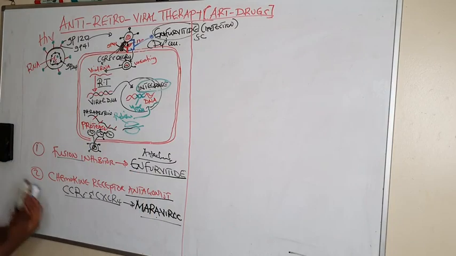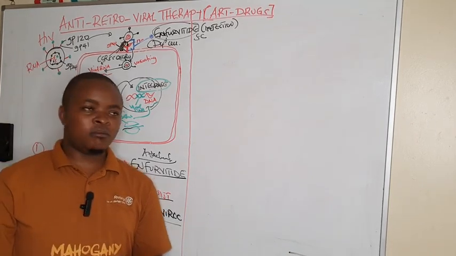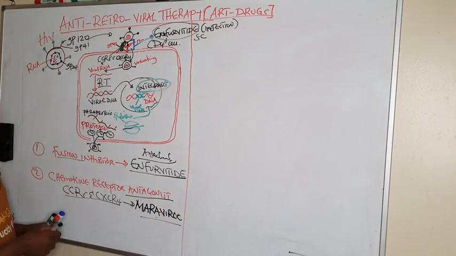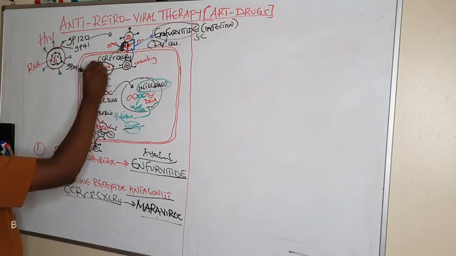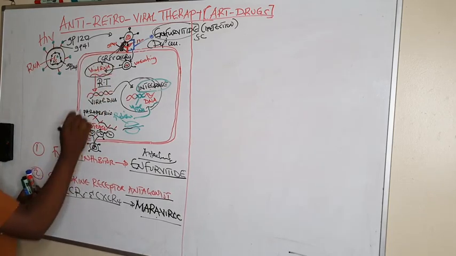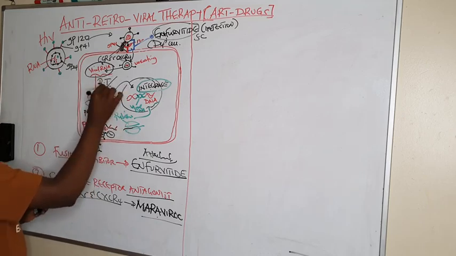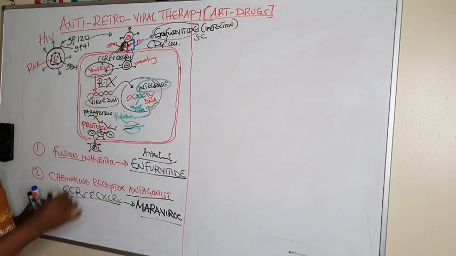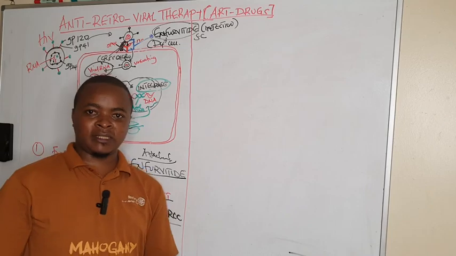So from here, we might not prevent the virus from attaching, we might not prevent it from entering into the cell, but when it has entered into the cell, we can say, let us prevent the viral RNA genome from being transcribed into viral DNA by blocking, either competitively or non-competitively, the reverse transcriptase enzyme.